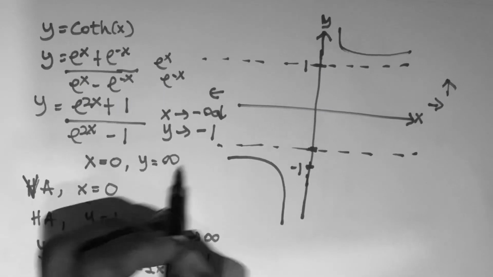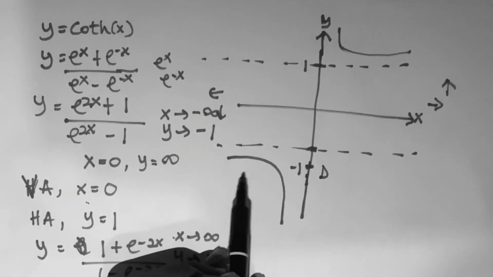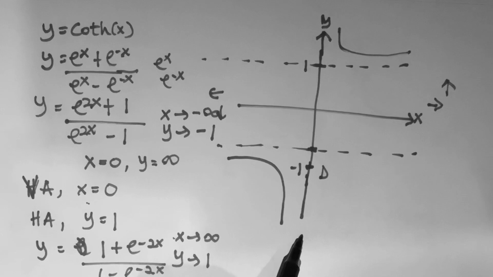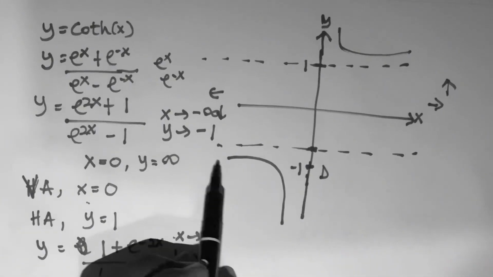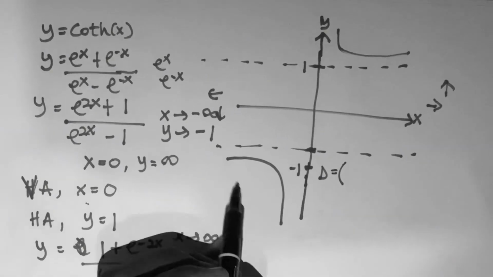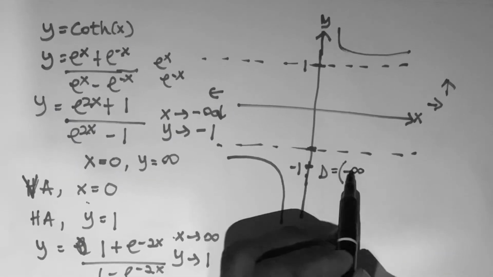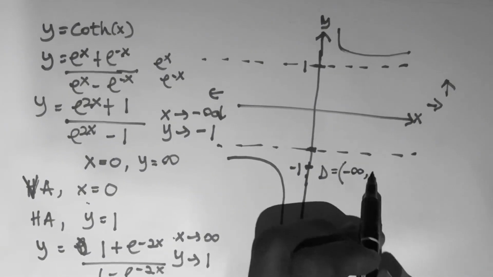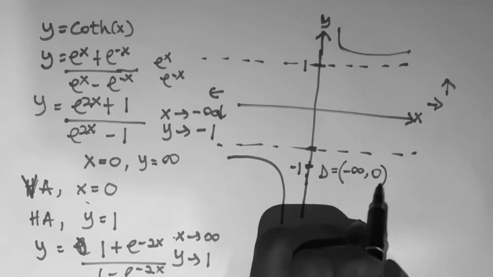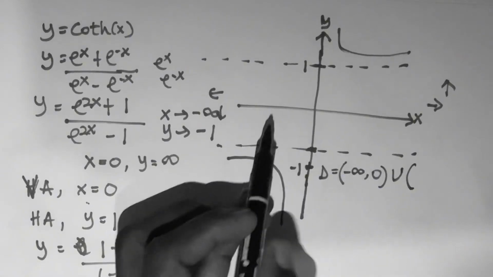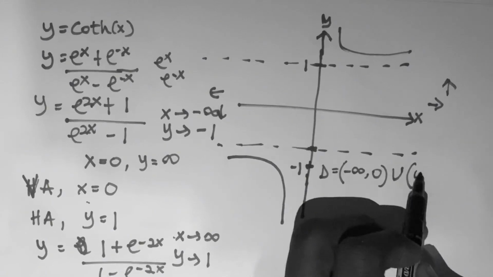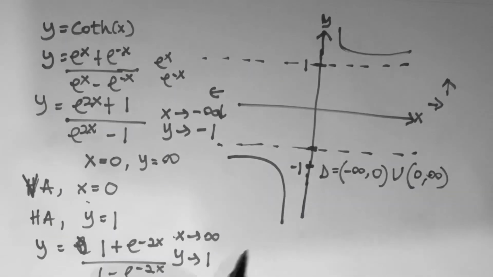Now let's determine the domain. You see that with this, the y-axis is a vertical asymptote. So the domain for here is equal to minus infinity and then 0, union, then this side is also 0 and then infinity.